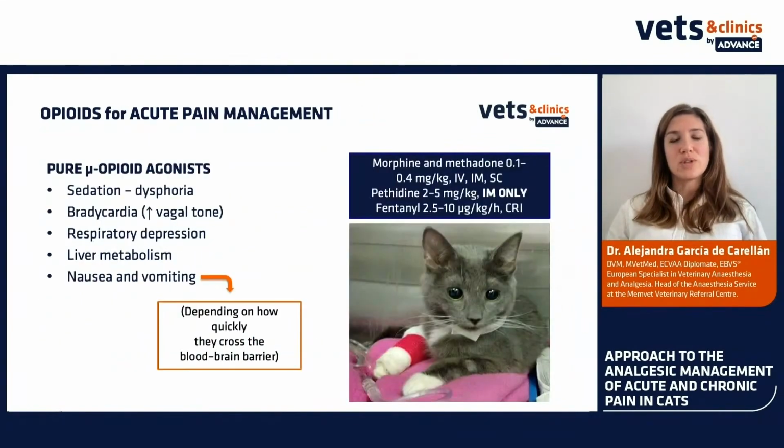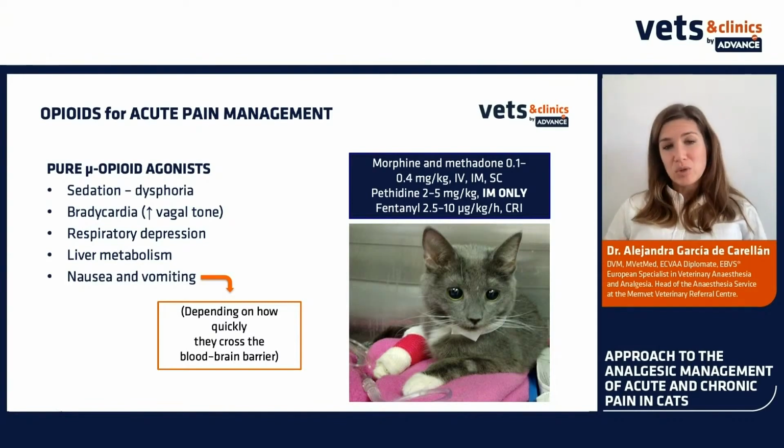For example, opioids for acute pain management, we said, is one of the most important analgesics that we have. Normally, if it's a moderate to severe pain, we can use pure mu agonists like morphine, methadone, pethidine, fentanyl, any of those. They provide sedation, but they can provide dysphoria if you give too much. They can produce bradycardia because they increase vagal tone.